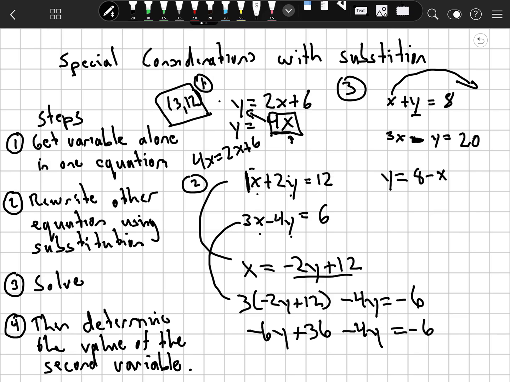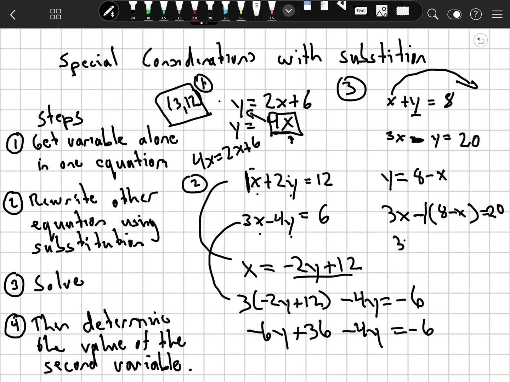Now when I plug that back into this equation, I've got 3x minus, and in place of y, we're going to put 8 minus x equals 20. Just be aware that when you subtract a quantity, you've got to kind of use the distributive property. This is like an invisible 1 here.